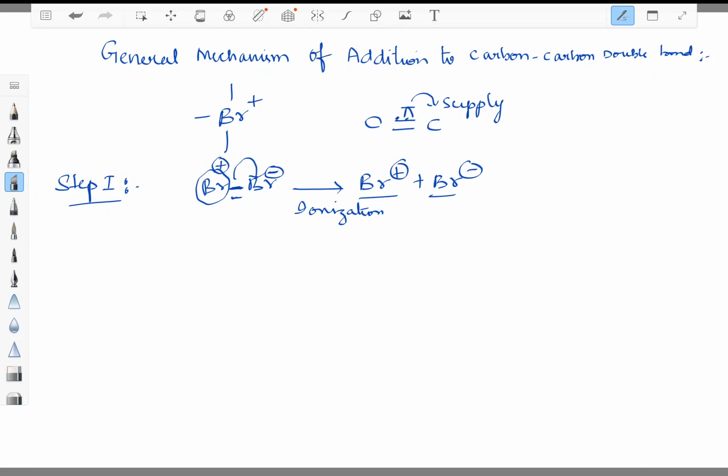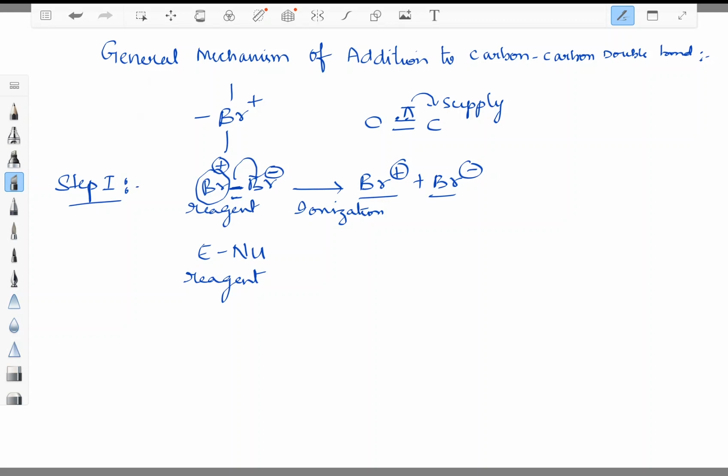In the general step, we are not going to talk about Br or Cl or any other species. We're just going to give them common names like E and Nu. Here, if I have E dash Nu, this is supposed to be a reagent. These are your reagents in the reactions.